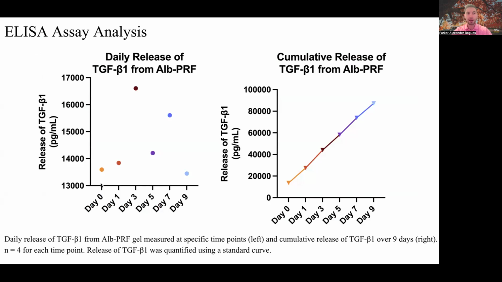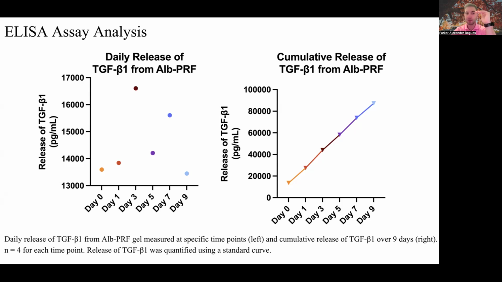So the ELISA assay analysis, the figure on the left is the daily release of this important growth factor, TGF beta 1, from the albumin platelet-rich fibrin treatment. And what I take away from this graph is that on day 9, there's a similar amount of TGF beta 1 release from Alb-PRF as there is on day 0. So in the literature, this PRF is in theory superior to PRP because it has this high release.